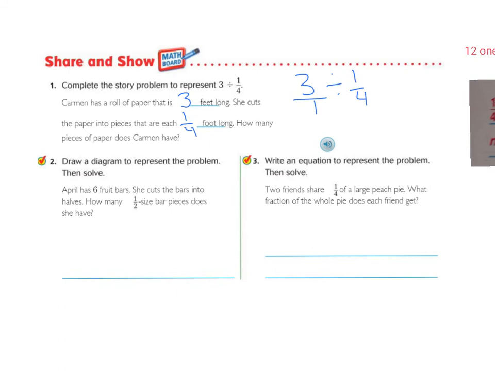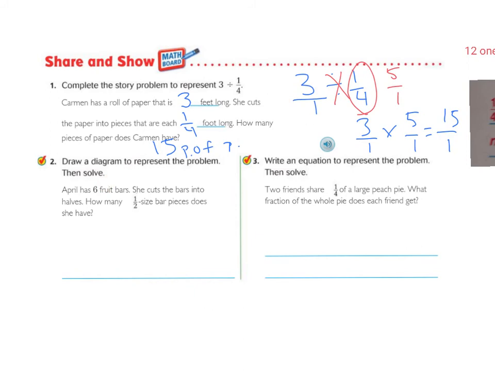And then whenever I change this to a multiplication, I'm going to write the inverse of it. So now my new problem is 3/1 times 4/1. And I get 3 times 4 is 12, and 1 times 1 is 1, so the answer is 12/1, or 12 pieces of paper, okay?